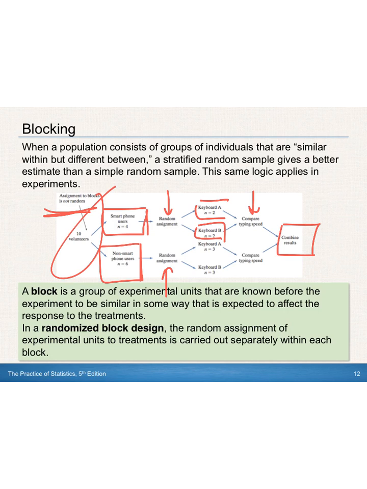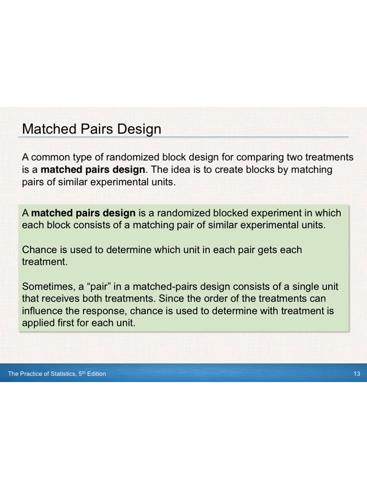So that's blocking. And it says matched pairs design, where the idea is to create blocks by matching pairs of similar experimental units. So if we were looking at someone who is 5'5" and 150 pounds and a female, we might try and find another 5'5", 150-pound female, and one would get the treatment and one would not, or one would get the control and one would get the treatment.